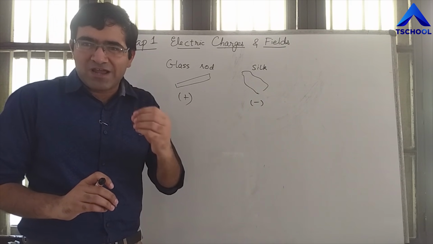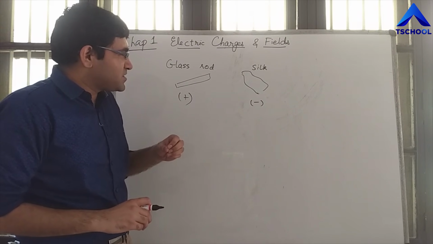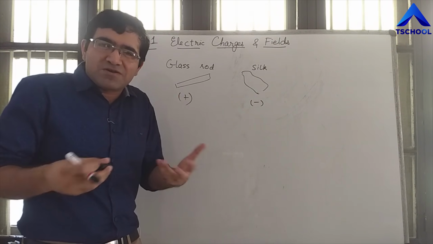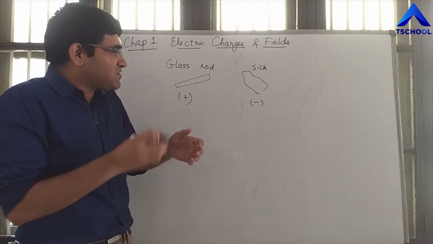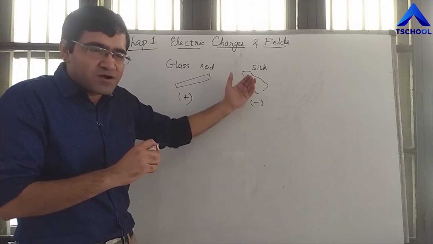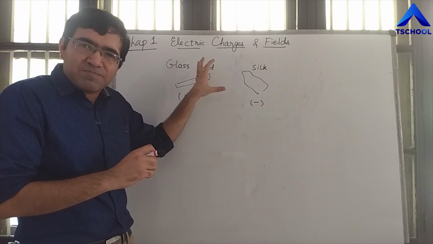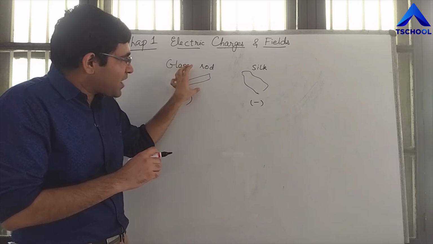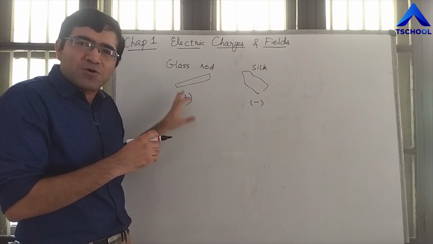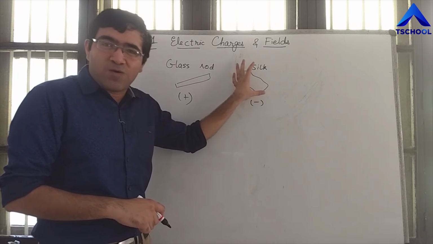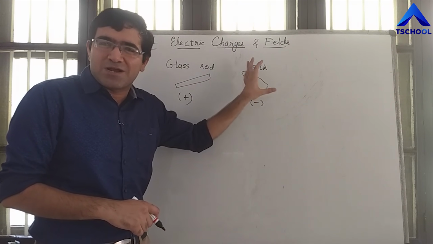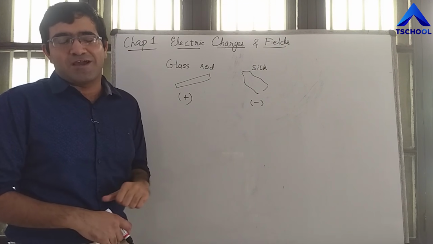I mean that Benjamin Franklin decided, just arbitrarily on his own, based on his own will, that when we rub these two objects together, the charge type that is acquired by the glass rod shall be called positive, and the charge type acquired by the silk cloth shall be called negative.